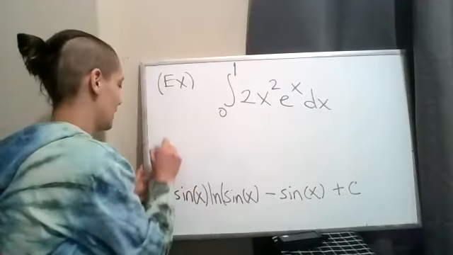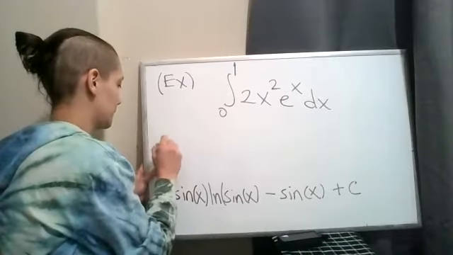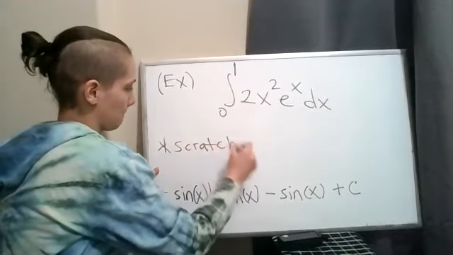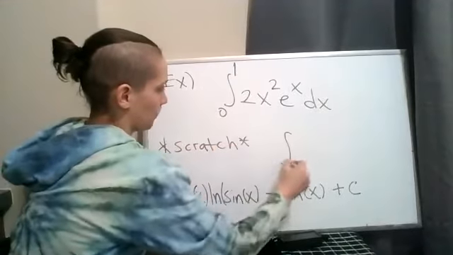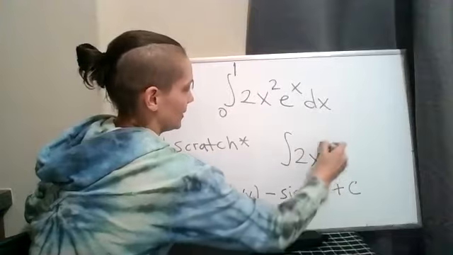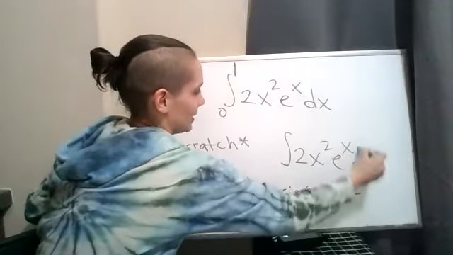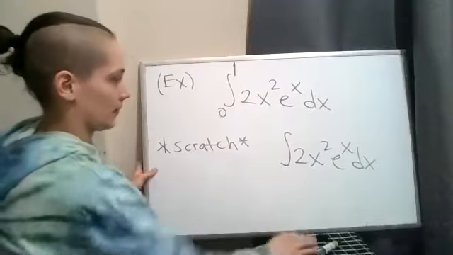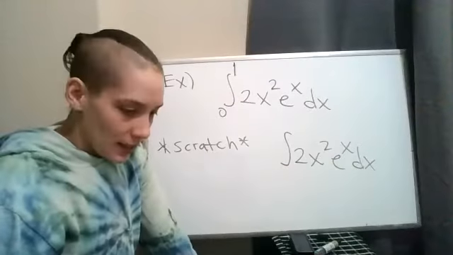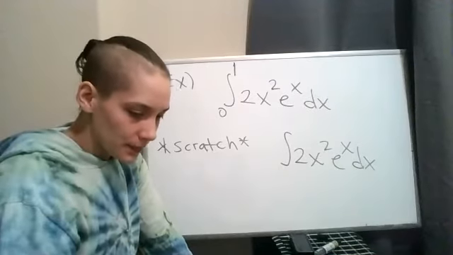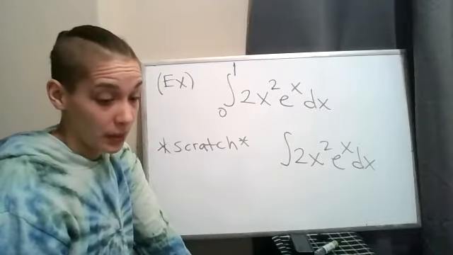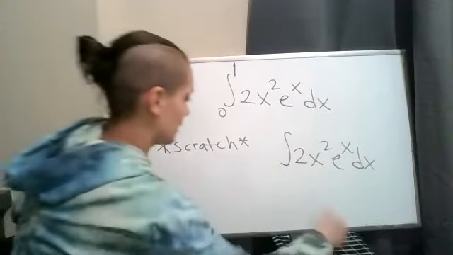So we're going to find the integral of 2x squared e to the x dx. Okay, and then I just put a note to myself that we want to evaluate it at the end.